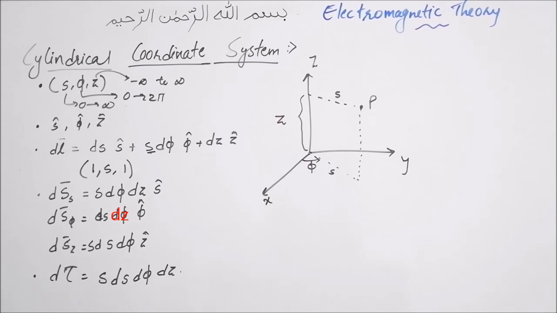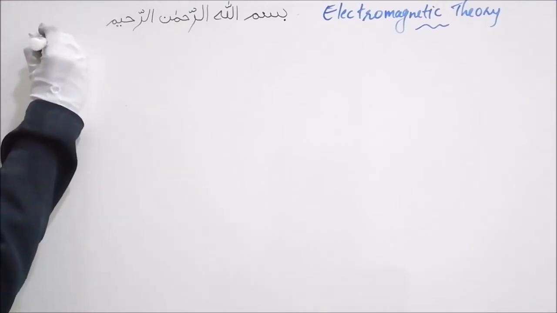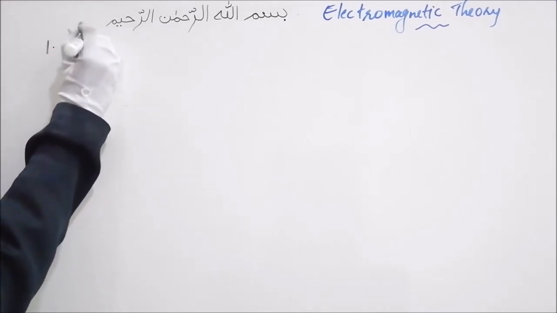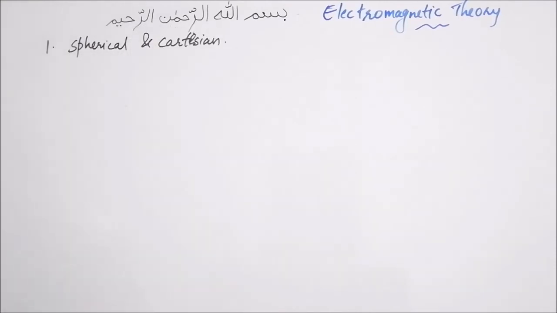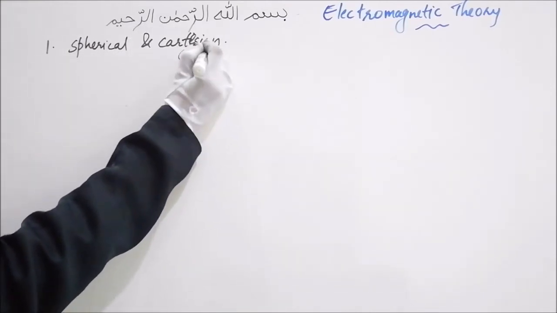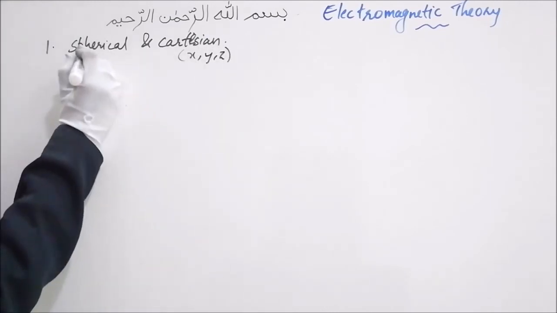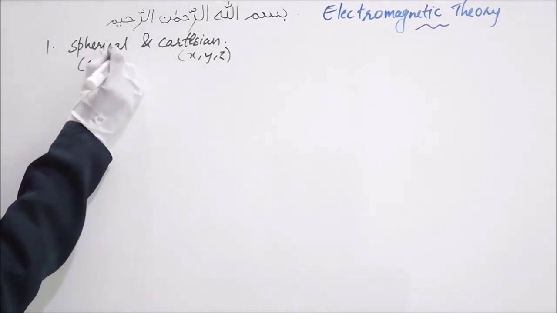Now we are going to look into conversion of unit vectors from one coordinate system to another. First, we will link the spherical and the Cartesian coordinates. In Cartesian coordinates, we have x, y and z, and the spherical coordinates are r, theta and phi.